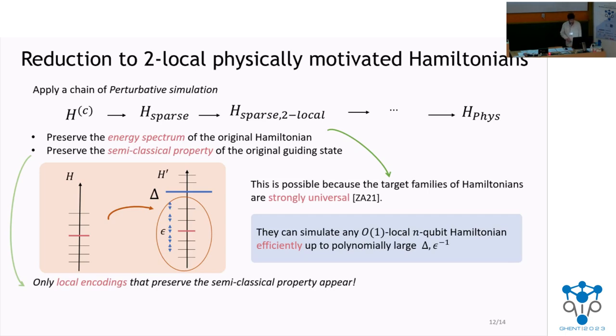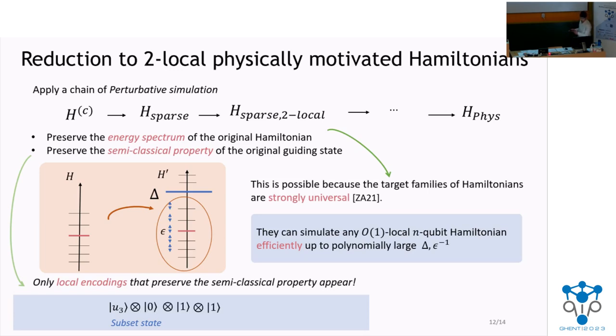physically motivated Hamiltonians. To be concrete, let's start with semi-classical subset state U3, and the kind of encodings that appear in the Hamiltonian simulations are as follows. So we first attach polynomially many simple ancillary states, and those are called mediator qubits in the literature of Hamiltonian simulations.